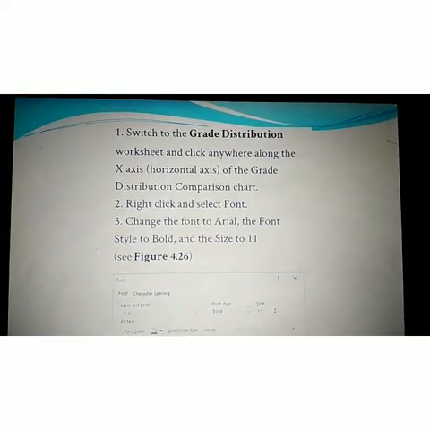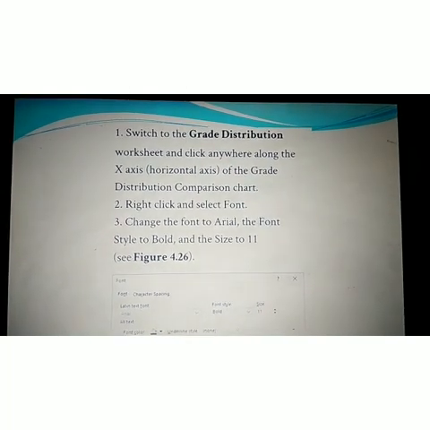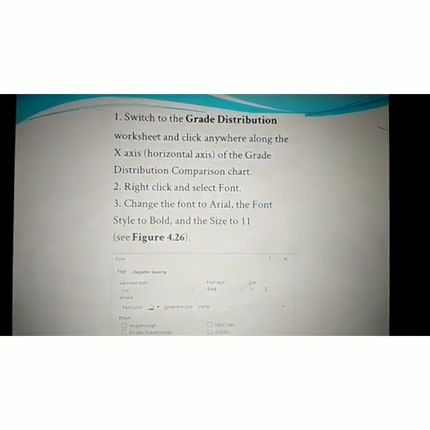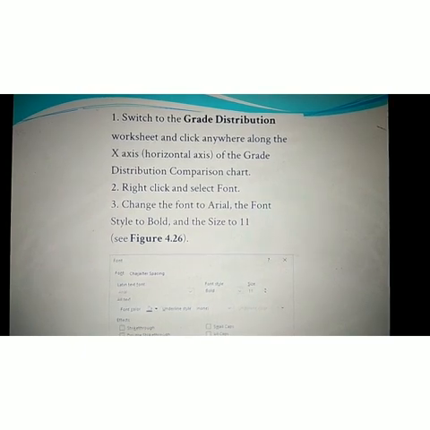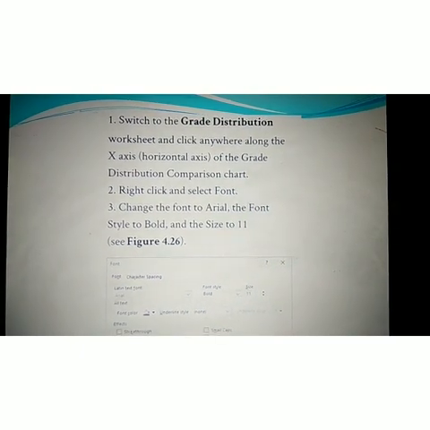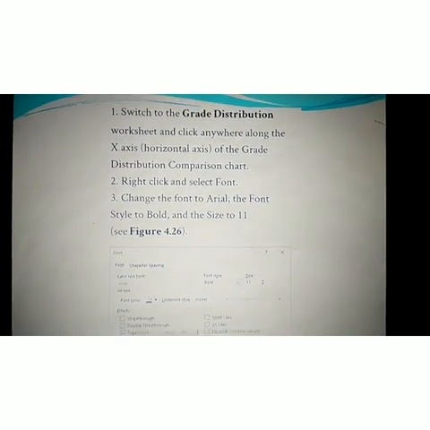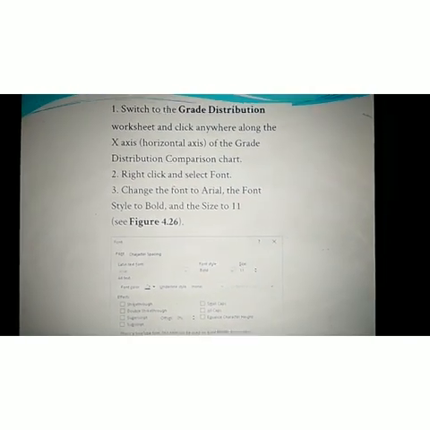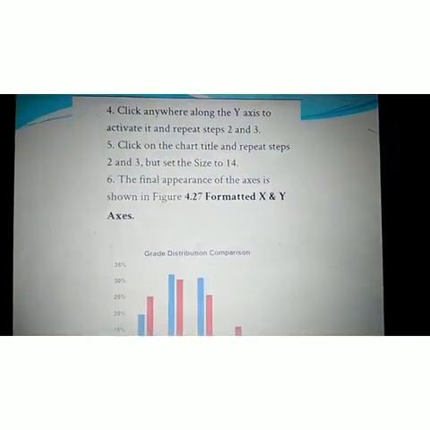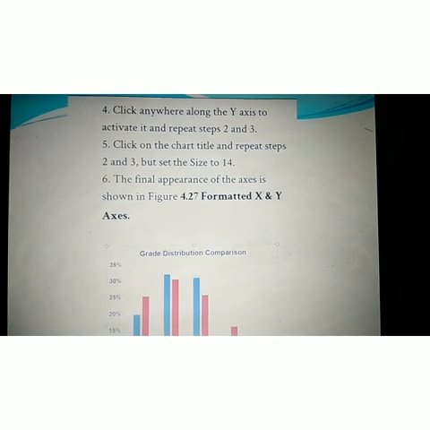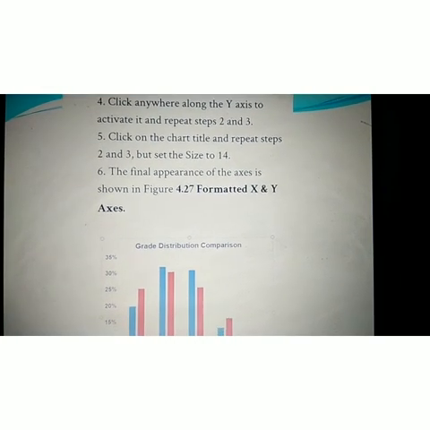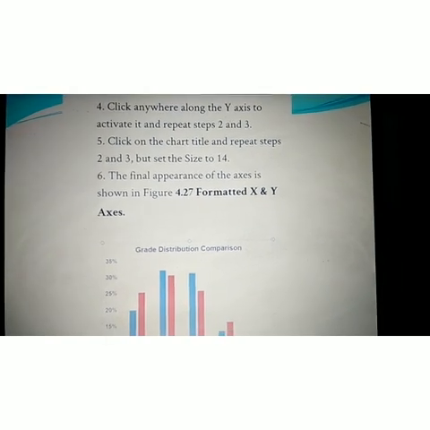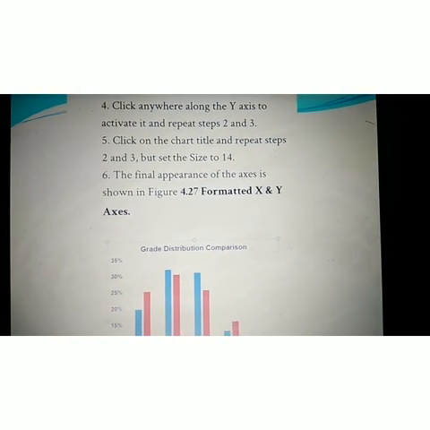We can use a font like Arial, any font, and bold and size on the horizontal axis, the X axis. So this is in the Font group. Now next is the Y axis. We can apply it in the vertical way and apply the different types of font formatting styles.